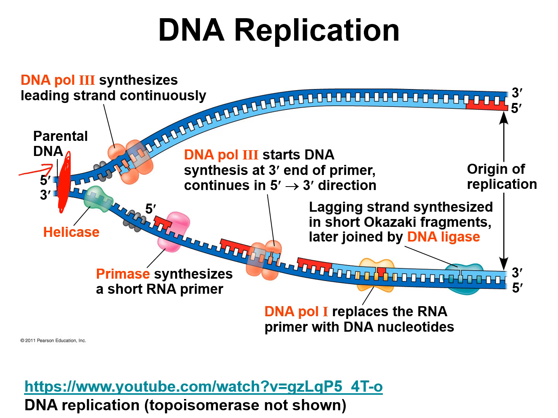So topoisomerase's job is to undo all the knotting and the twisting in the DNA. Then we've got helicase here in green, and helicase is going to break the hydrogen bonds and separate the two DNA strands apart.